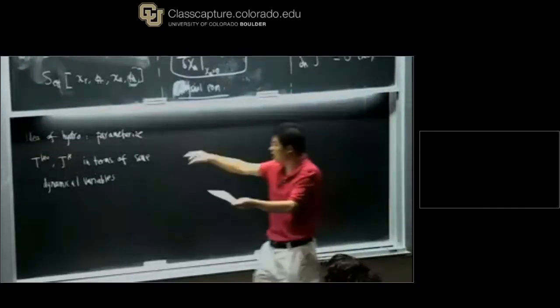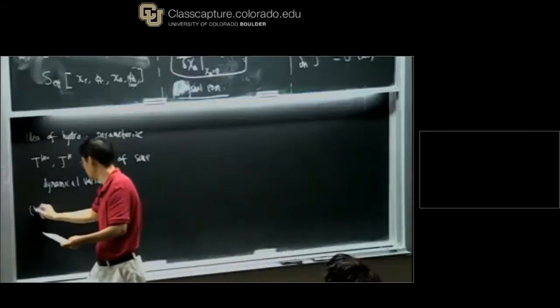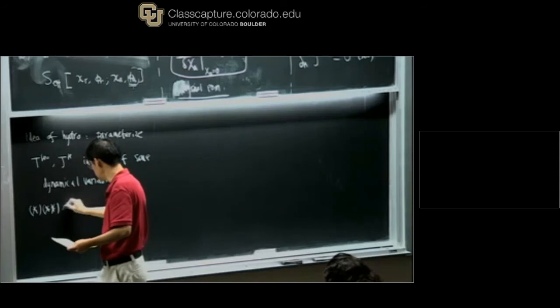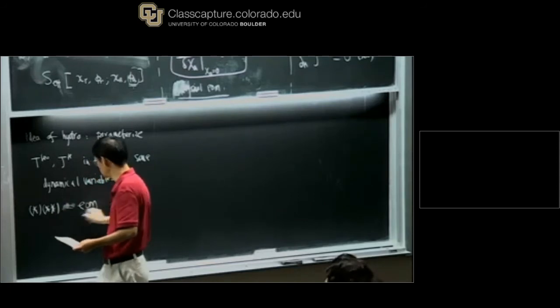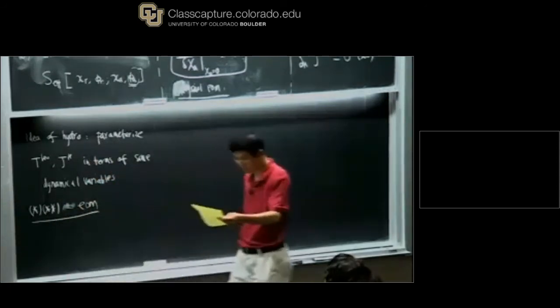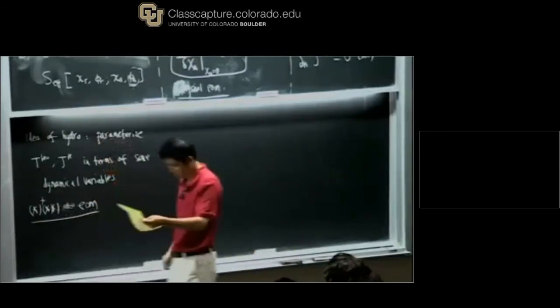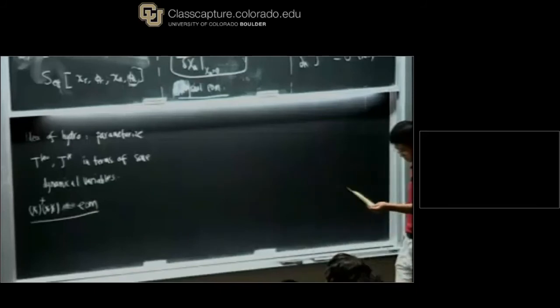If you can do that, then the equation of motion is just your conservation equation: ∂_μ T^{μν} = 0 and ∂_μ J^μ = 0. This is the equation of motion.